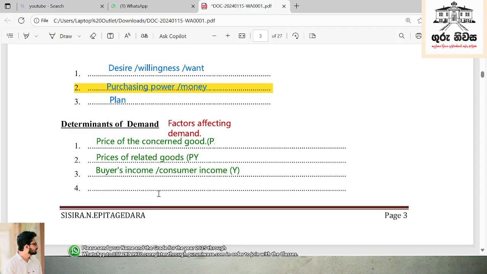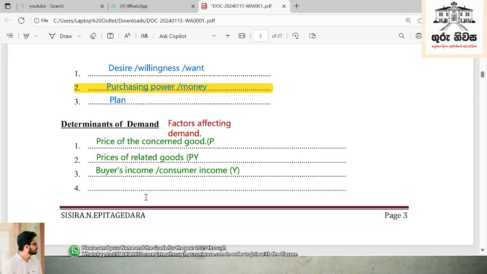I mean income. But how does buyer's income affect demand of a product? Does it affect? Yes. Example, lamai, assume the Sri Lankan government increases salaries of all workers by 50%. By next week, definitely the people will demand more products, right?